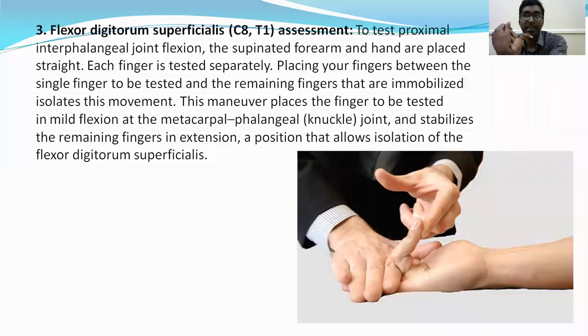I am unable to flex the DIP joint because the FDP is kept taut. Only the flexion can be done now by FDS. So my FDS is good. I can only flex the finger up to the PIP joint, as FDS can only flex up to the PIP joint. Now releasing, I am doing DIP flexion. So this is the way you can examine FDP and FDS action.